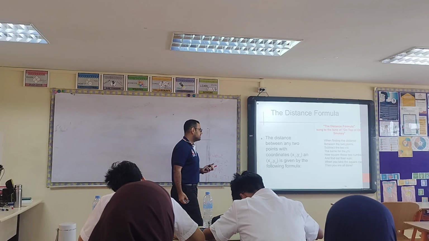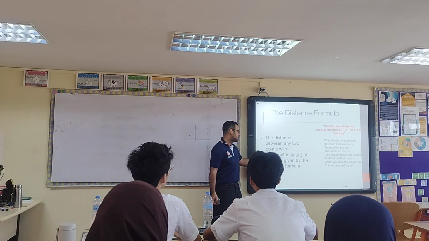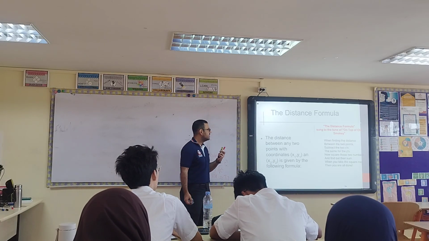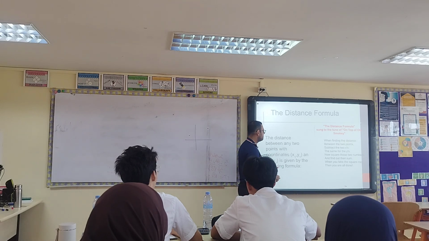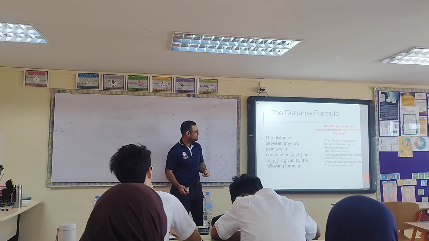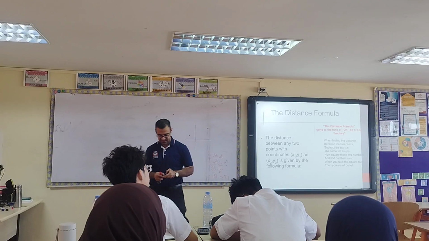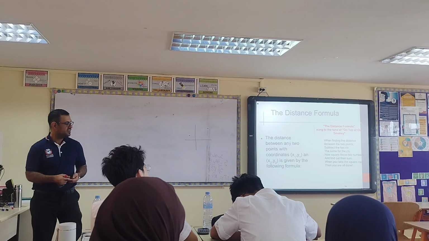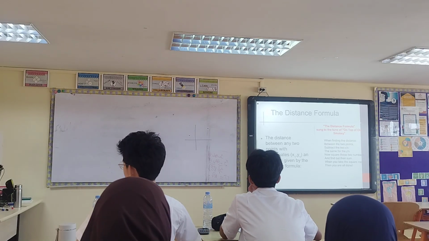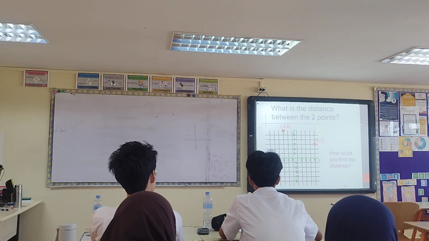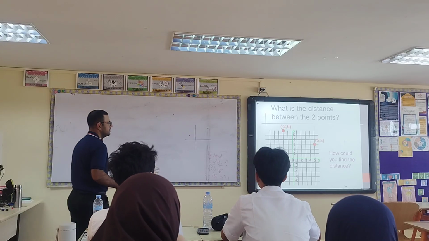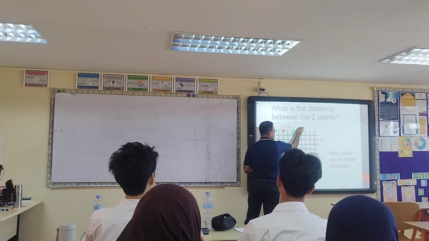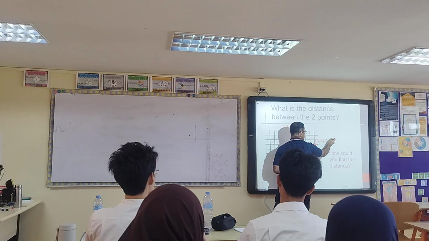Okay. So the distance between any 2 points, x1, y1, and x2, y2, is given by the following formula. Now if I go back to this one, instead of numbers, let's call them x1, y1, and x2, y2.